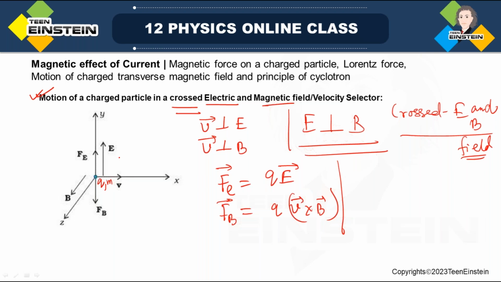Now both electric and magnetic fields are there, so the charged particle will experience a net force which is called Lorentz force. This earlier force is magnetic force, but the combination of this electric force and magnetic force is called the Lorentz force.